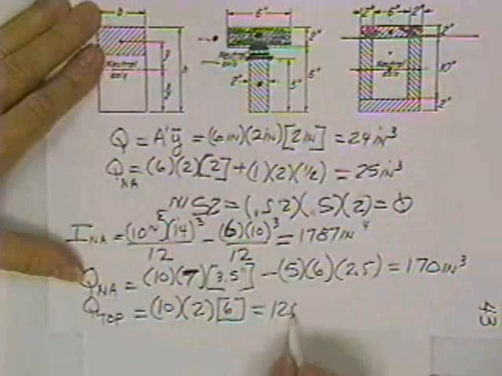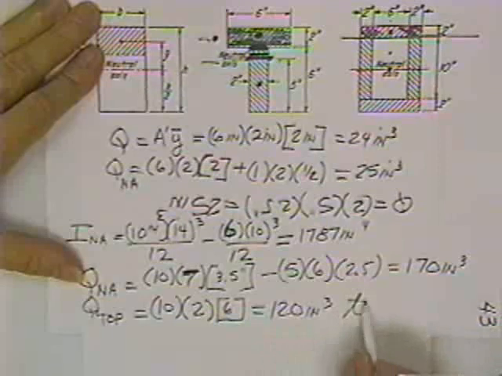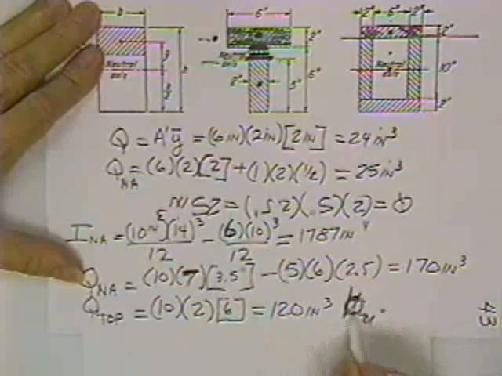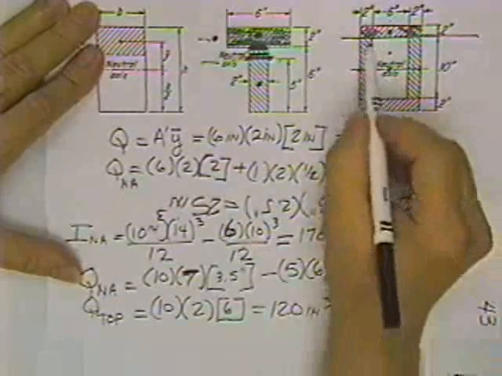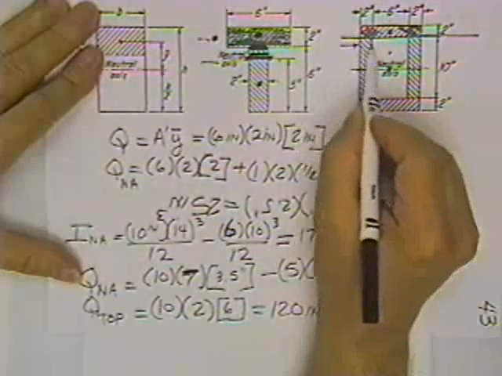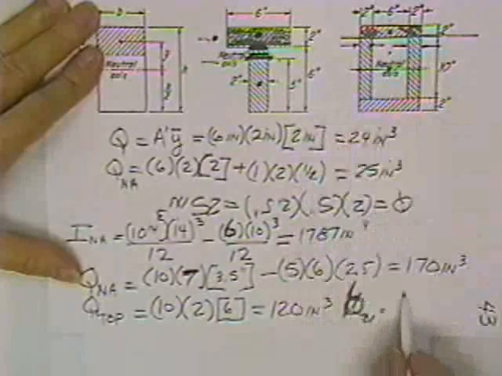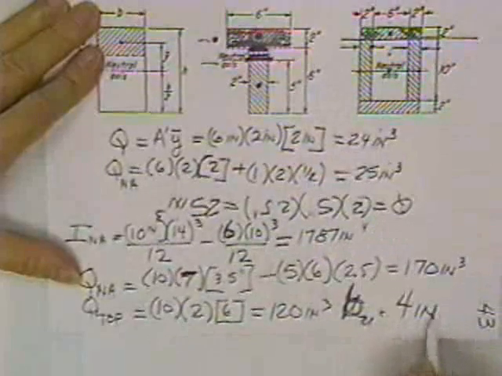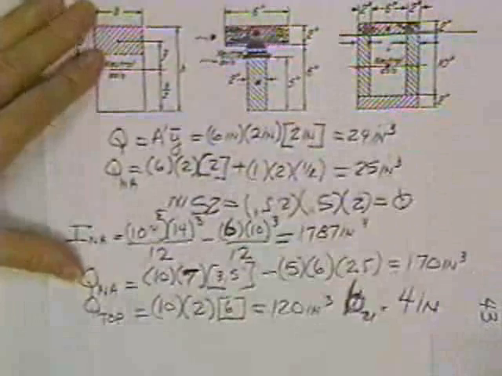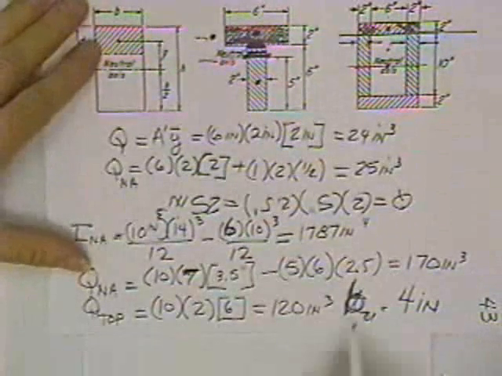So 60 times 2 is 120. Incidentally, B for that top piece, how thick it is, your notes call it B. B starts here and stops here, and then starts again there and stops there, so B is 4 inches thick, just below the glue line.